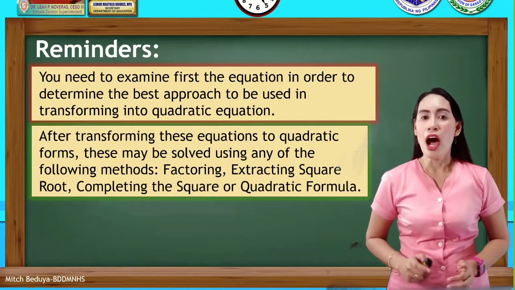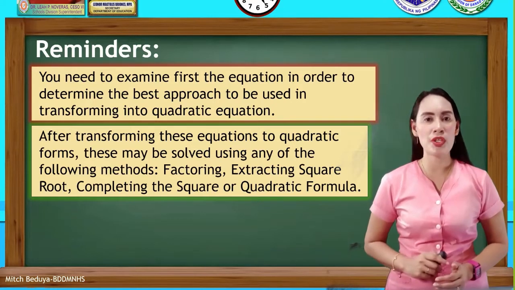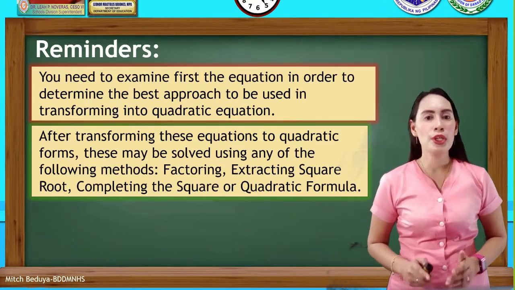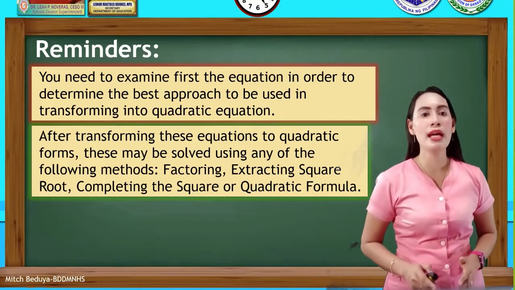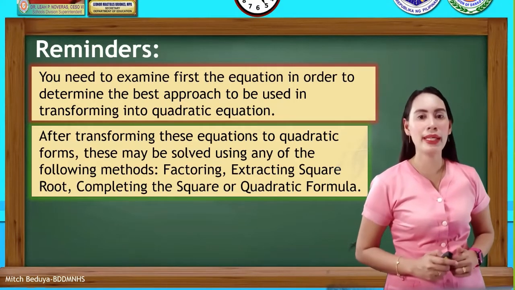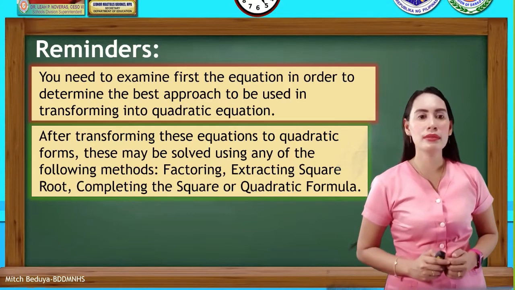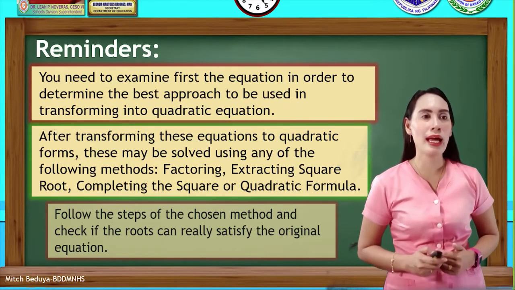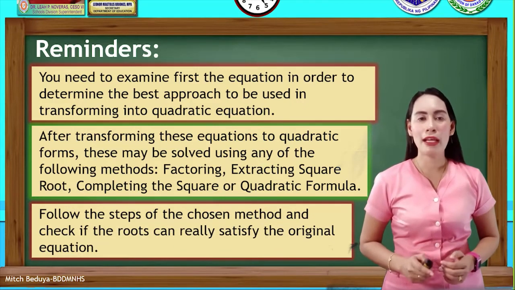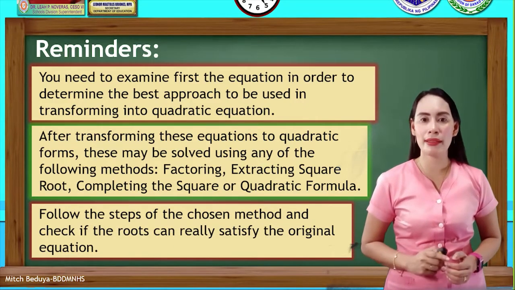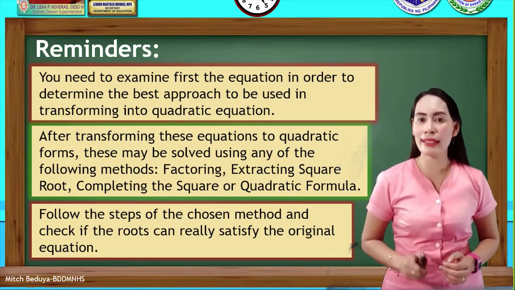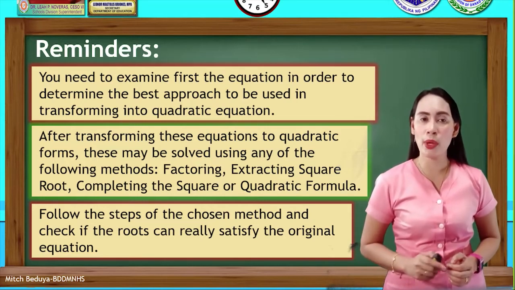Second, after transforming these equations to quadratic form, they may be solved using any of the following methods: factoring, extracting square root, completing the square, or the quadratic formula. Third, follow the steps of the chosen method and check if the roots can really satisfy the original equation.